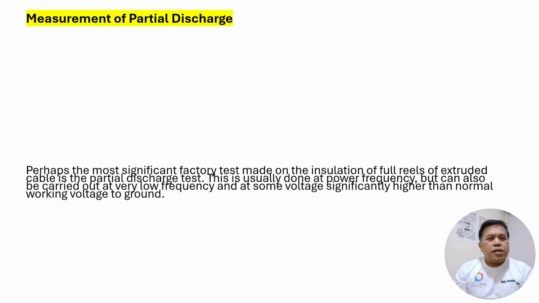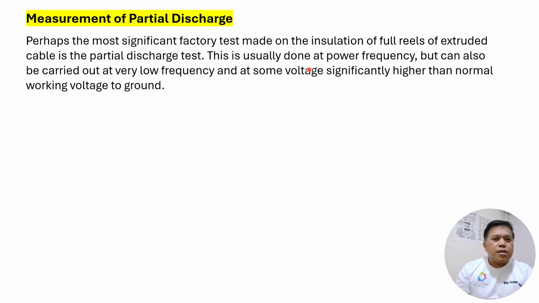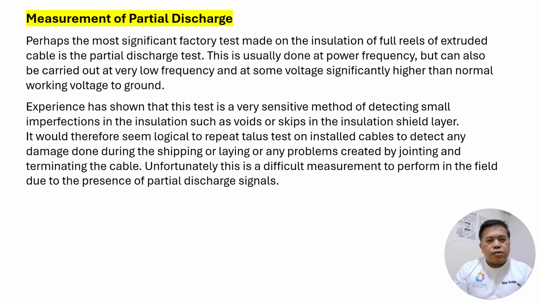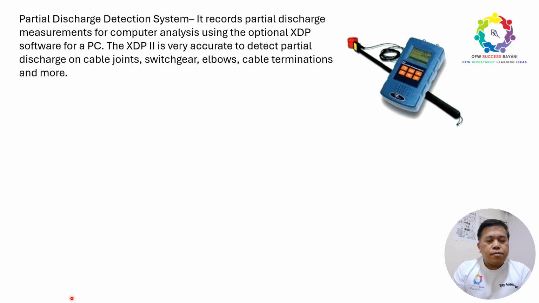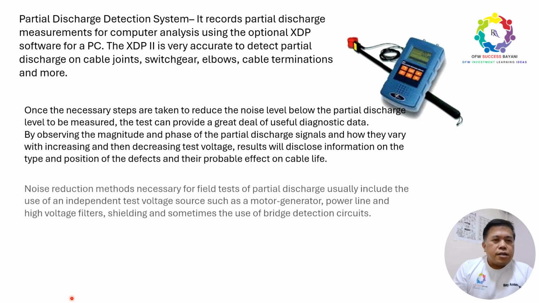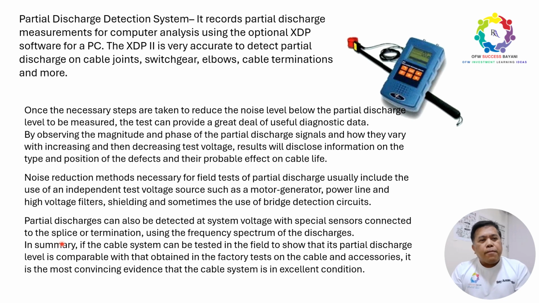So, measurement of partial discharge is perhaps the most significant factory test made on extruded insulation. Even though we do the testing in the factory, as I attended the factory acceptance testing of our cables, we always do this and verify, even if it passes partial discharge during the manufacturing test.